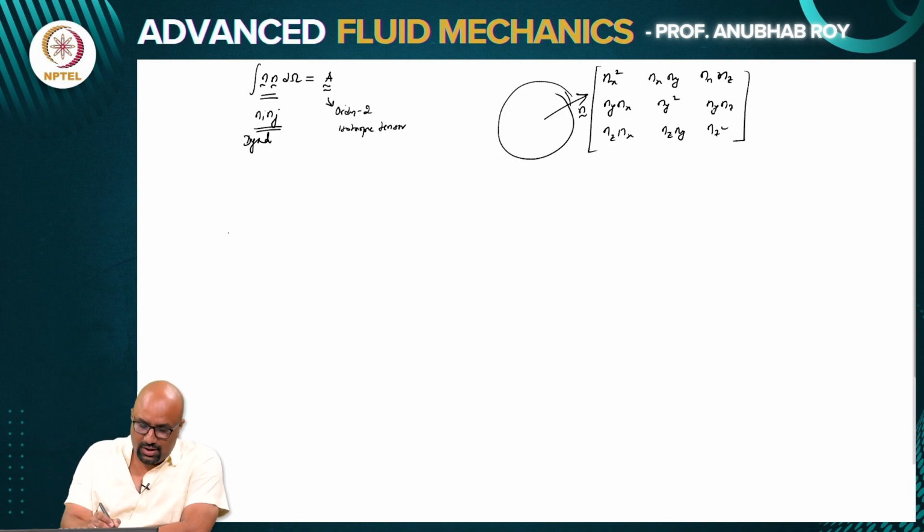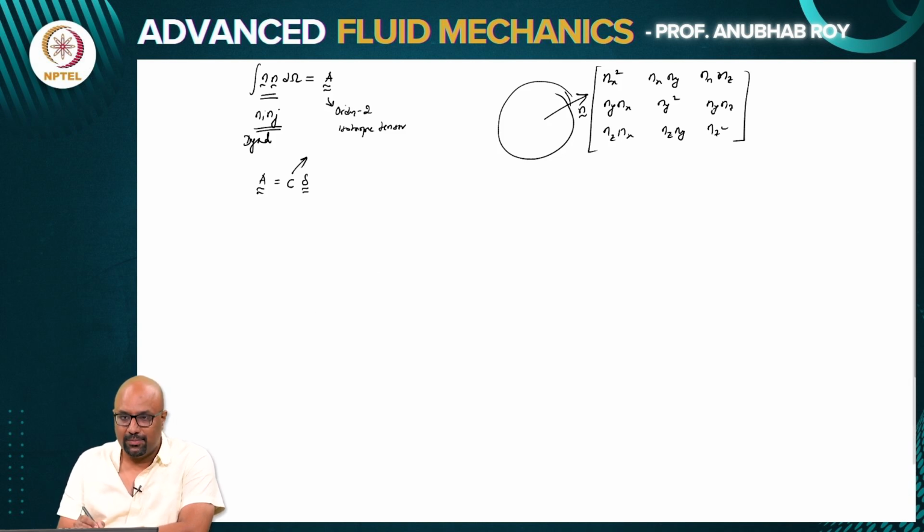Now, what is an order 2 isotropic tensor? An order 2 isotropic tensor would be my Kronecker delta. But then I can take any isotropic tensor and multiply it with a scalar and it continues to remain isotropic, because any scalar is always isotropic, and a scalar multiplying any order vector or any order tensor gives me the same order.